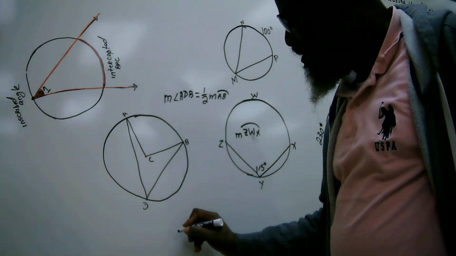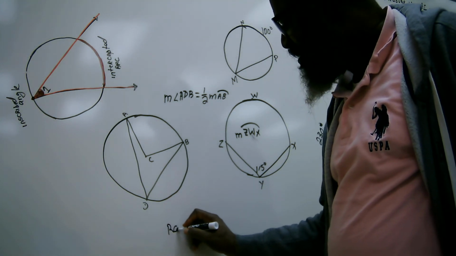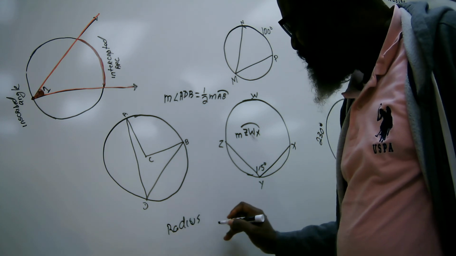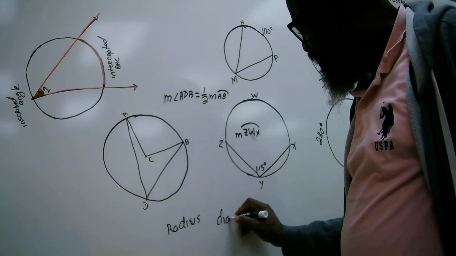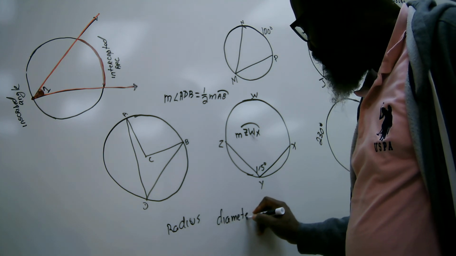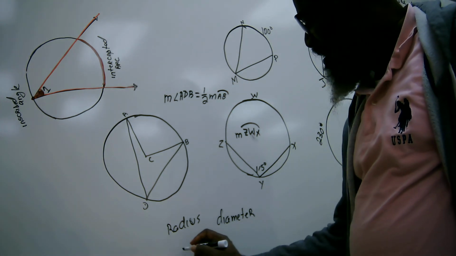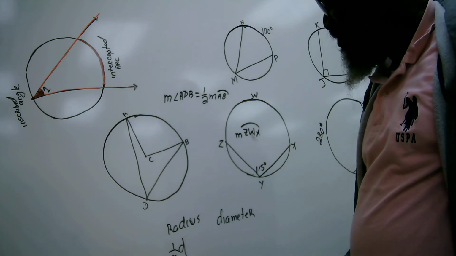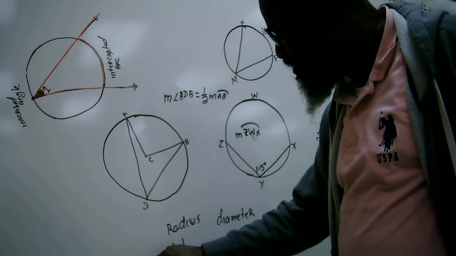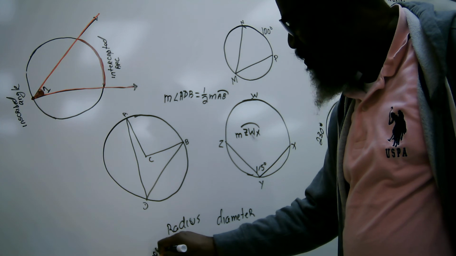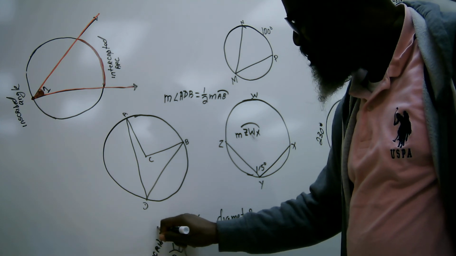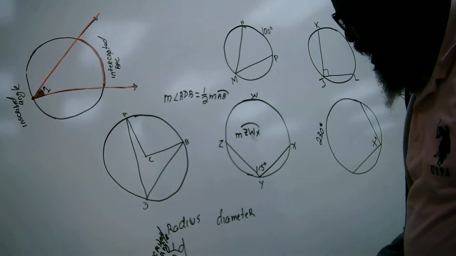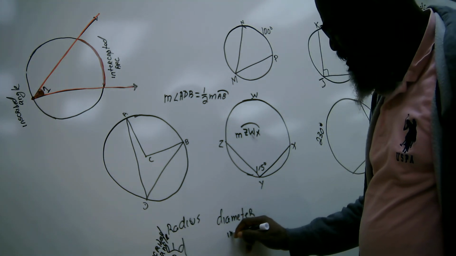This is the same relationship as between radius and diameter. Remember, the radius is half of the diameter. So consider the radius as the inscribed angle, and the diameter will be your intercepted arc.